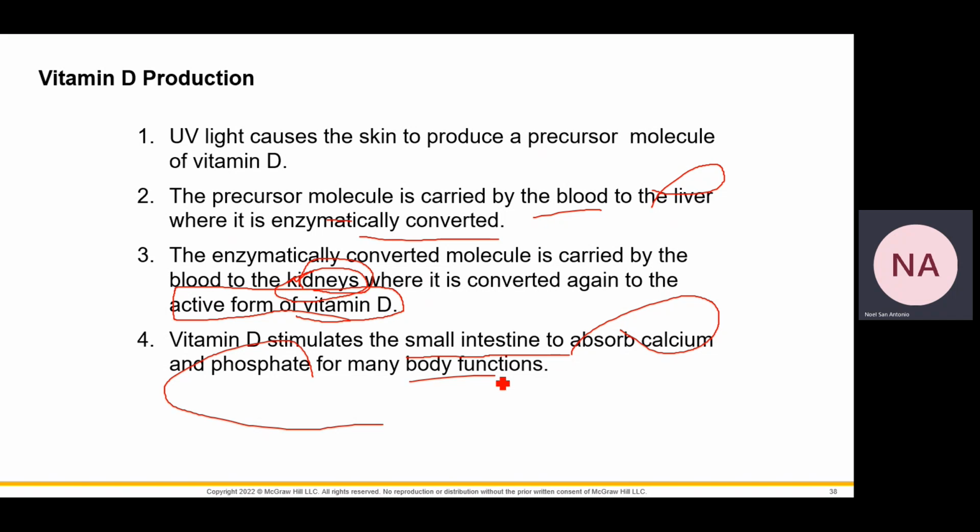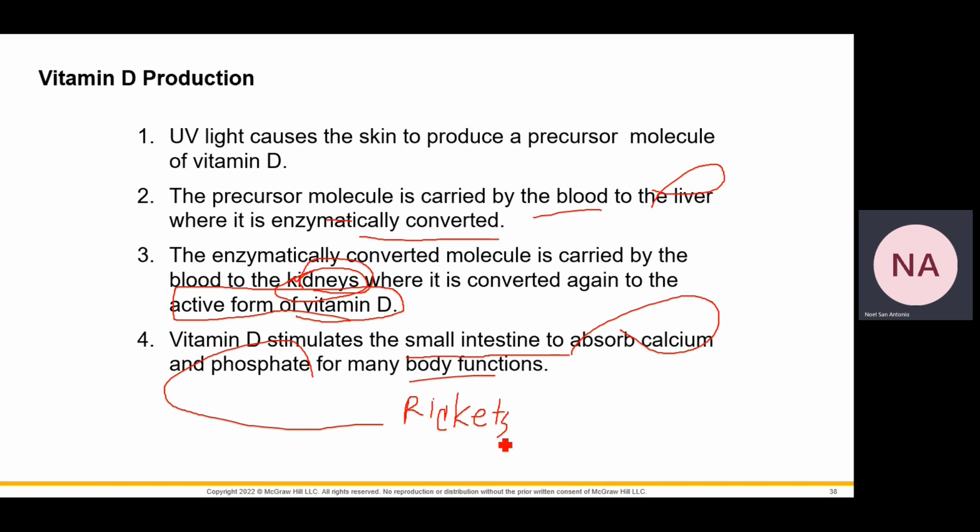So therefore, if you have deficiency in vitamin D, especially in children, it will result in brittle bones, di ba? Condition that we know as, anong tawag doon? Rickets. Di ba? Tawag doon, rickets. Madaling ma-fracture.